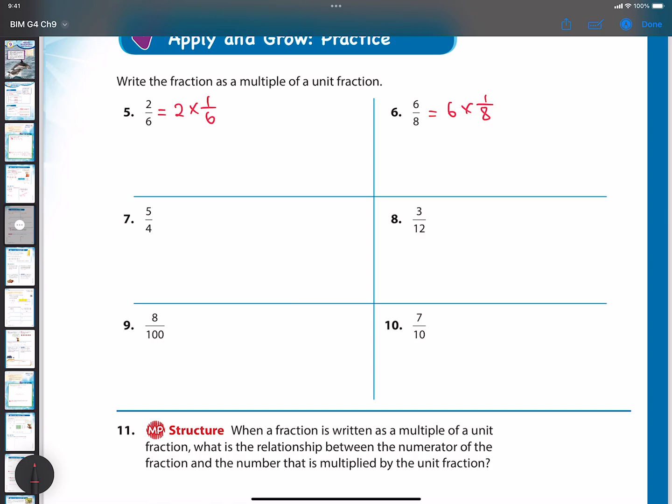When you finish, please come back to this video and check your answers with mine. All right, go ahead. 5 times 1/4. 3 times 1/12. This is 8 times 1/100. This is 7 times 1/10. You understand that, right?